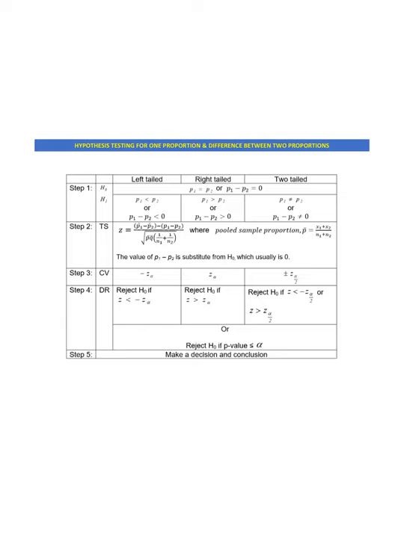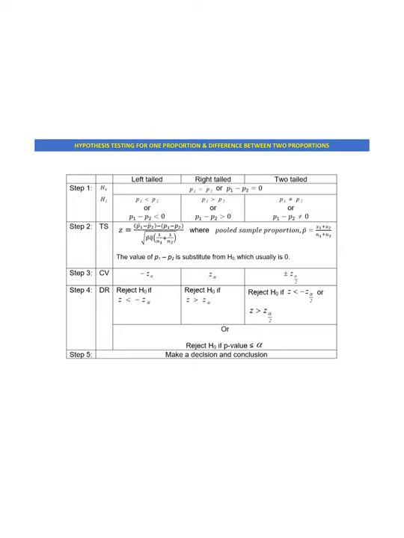So we're going to use Z also to do hypothesis testing for the difference between two proportions. Z is equivalent to (p̂1 minus p̂2) minus (p1 minus p2) over the square root of p̄q̄ times (1 over n1 plus 1 over n2).